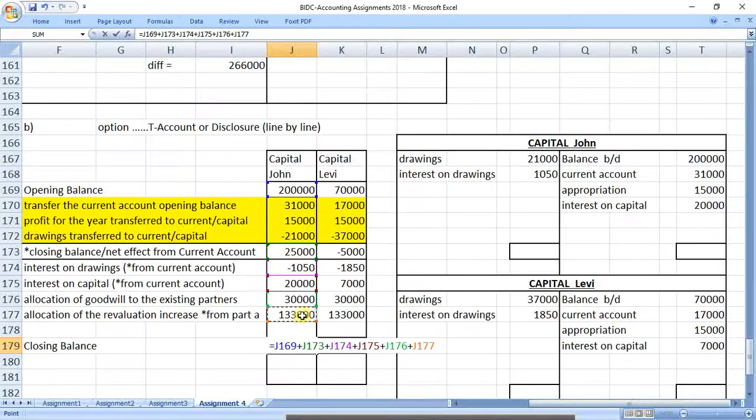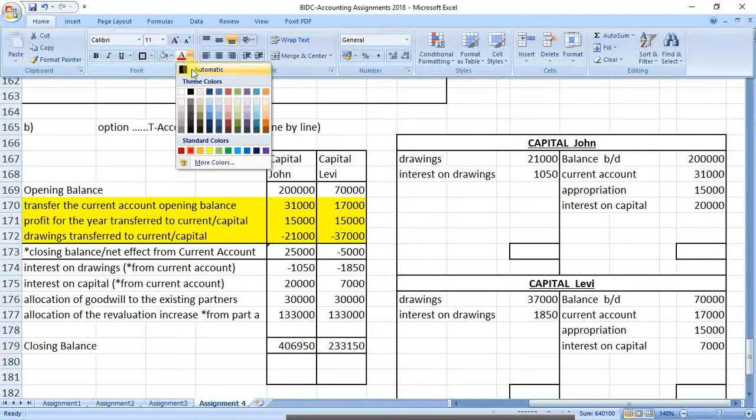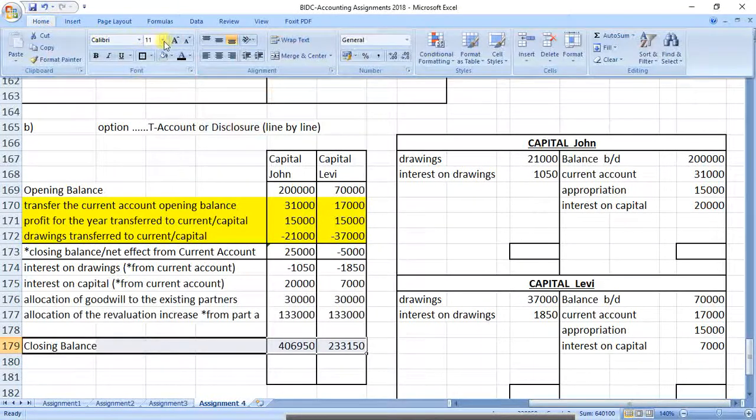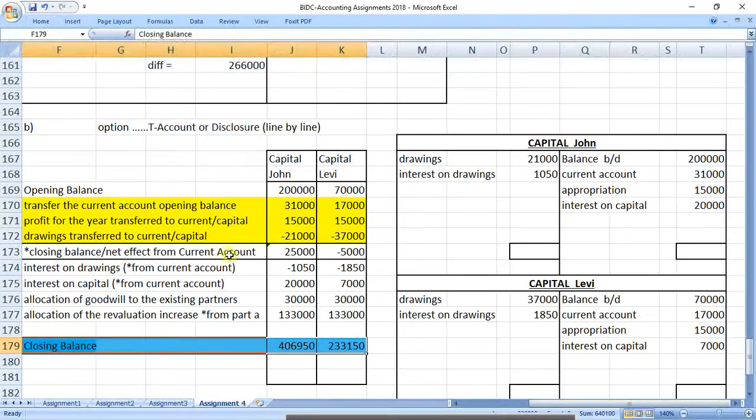Interest on capital, allocation of goodwill, yes, minus that, only 1. There we go. Okay, copy paste, and that's what we've got. Okay, so closing balances for the capital accounts for the end of the year is that.